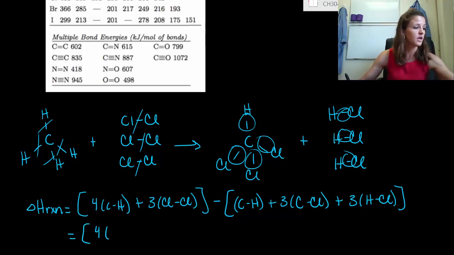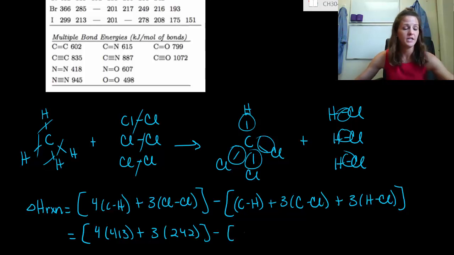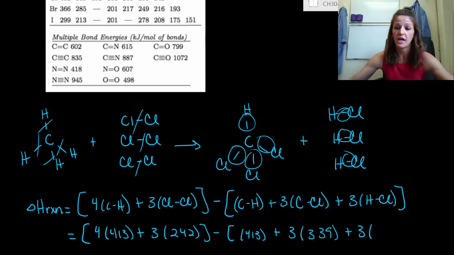So we should have 4 times 413 plus 3 times 242 minus 413 again, that carbon-hydrogen bond, plus 3 times 339 plus 3 times 432.